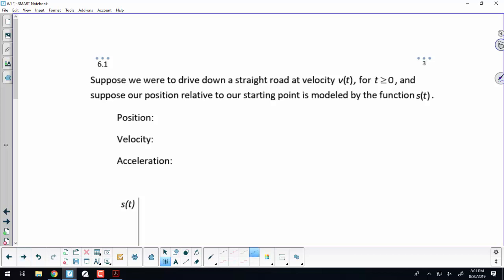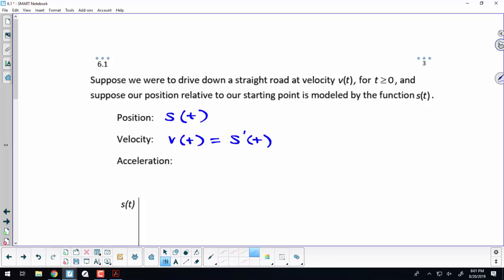When we talk about a position function, generally for us, it's described as s of t. If you're in physics, it's probably different. But say we have a position function given by s of t, then how do you find the velocity function? The derivative. So the velocity v of t is the derivative of the position function.